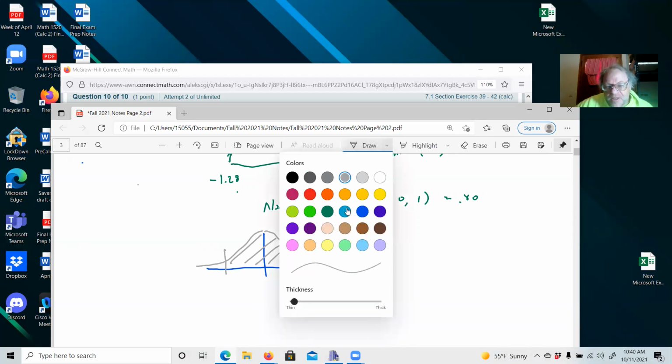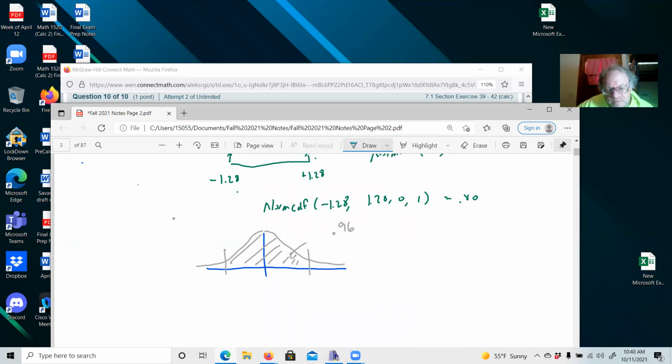How do we get the other areas? Well, 1 minus 0.96 is 0.04. You've got 4 pennies left over, so we put 2 pennies here and 2 pennies over there. So this number and this number, that's what we're going to need.